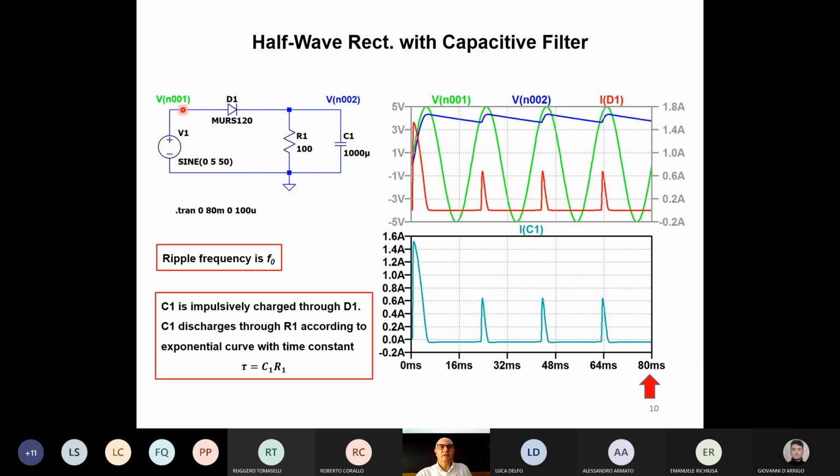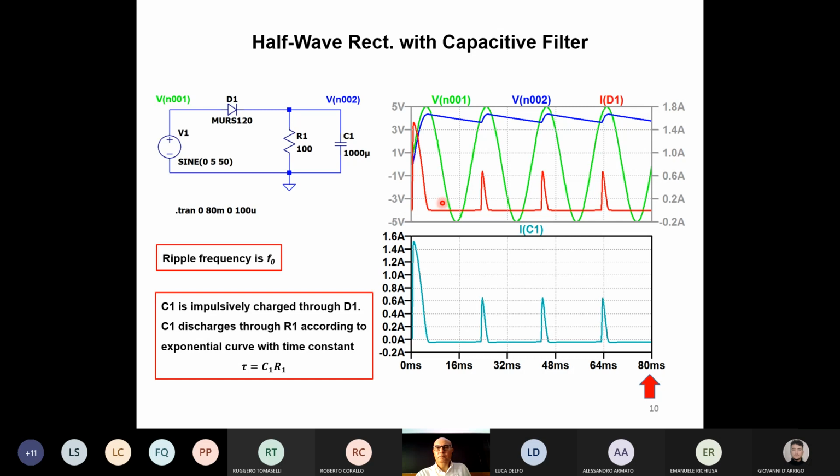I neglected the filament resistance. I put the diode D1, the resistance R1 and the capacitance C1. And I plotted what? Green is the voltage here. Blue is the voltage at the output. R1 and C1 are in parallel, so we just need one voltage.